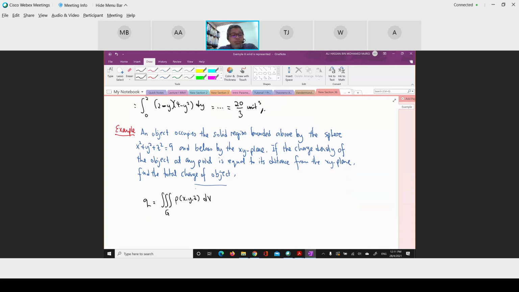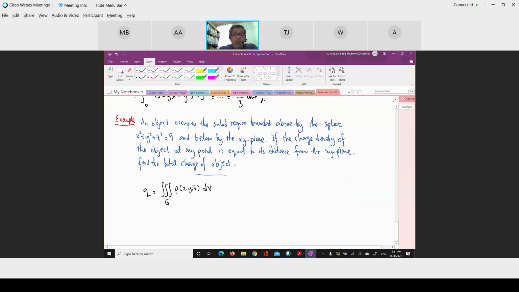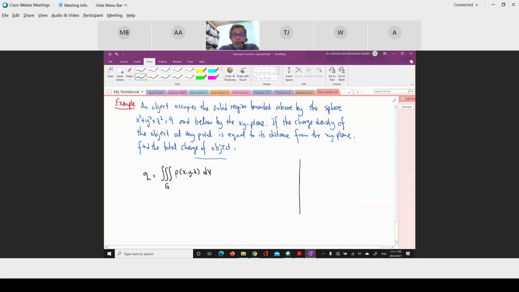First, let's sketch this object G, in order to determine the bounds x, y, z correctly. It is bounded above by the sphere and below by the xy plane, so this must be a sphere above the xy plane.